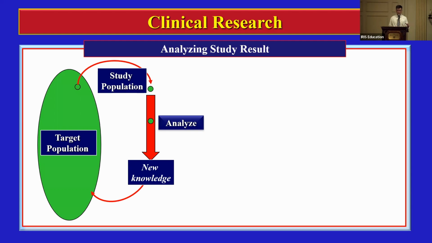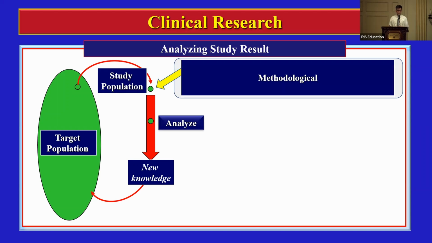This is the clinical research process that we've seen throughout today. We start with our target population, we extract our study population, and we perform our study, analyze the data, and produce new knowledge. If we were going to apply some methodology to control for confounding, then it's going to occur at some point here while we are selecting our study population, and we're selecting it in a way that reduces the potential for confounding.